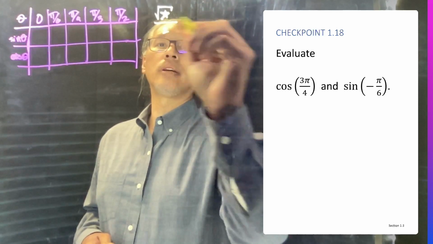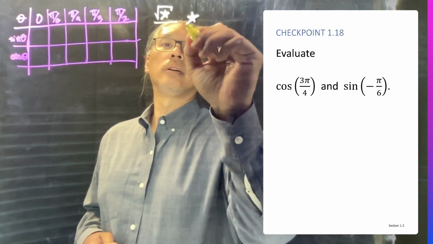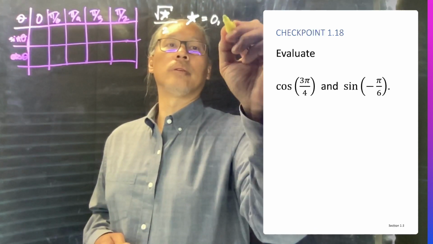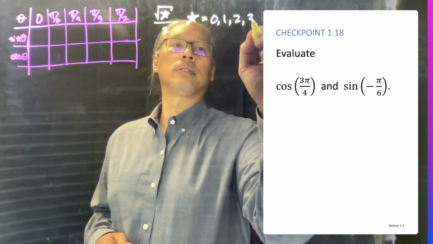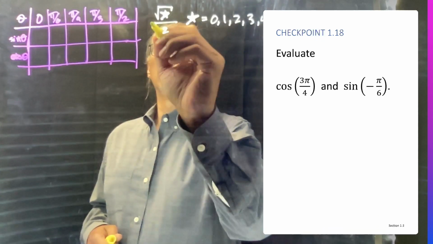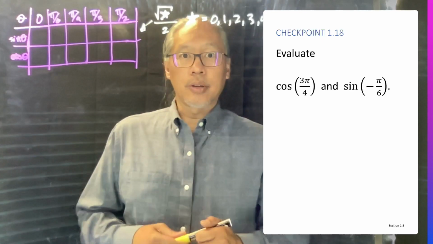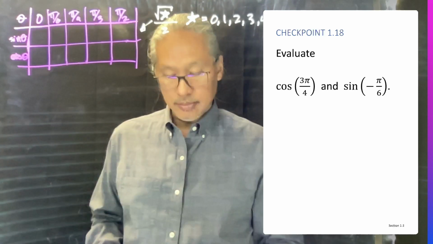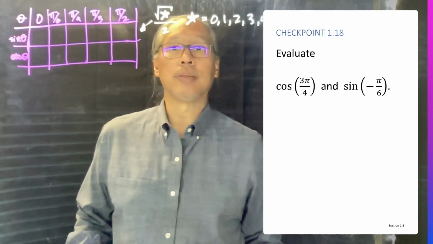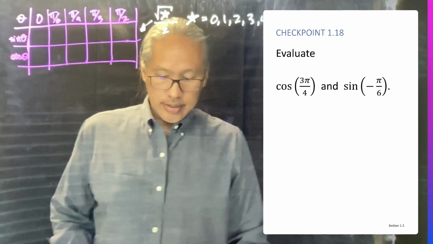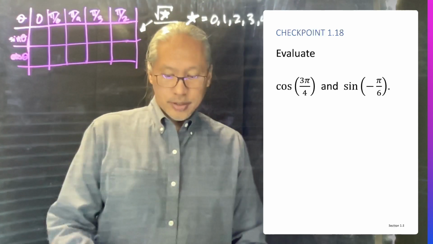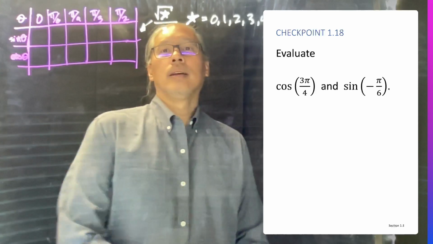And I'll put a star here, where star is going to be equal to 0, 1, 2, 3, and 4. And we're going to fill in the sine row with this information. And it's just a matter of simplifying as well.